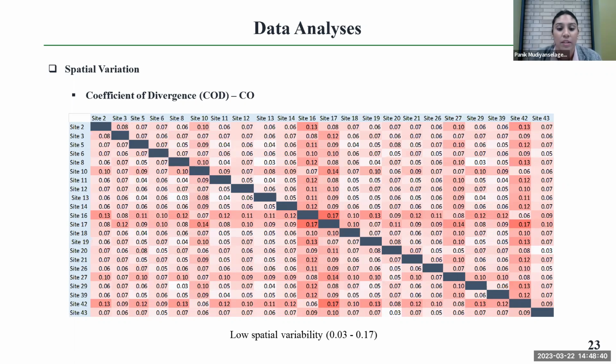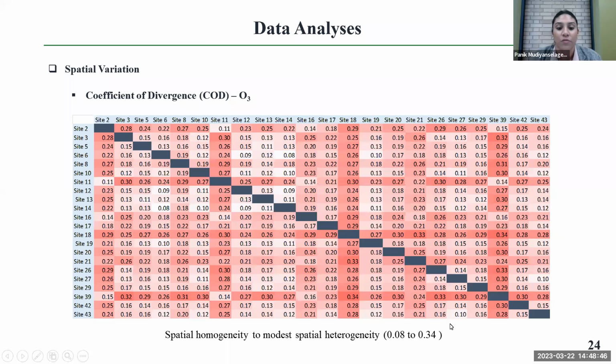So it's safe to say that this is a very weak spatial variability. For ozone, we see that it ranges from 0.08 to 0.34. So it's spatially homogeneous to a modest spatially heterogeneous distribution.